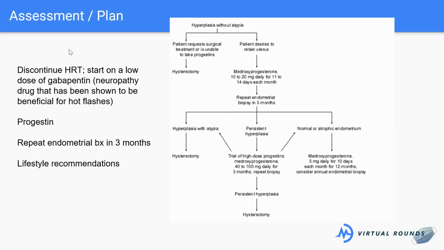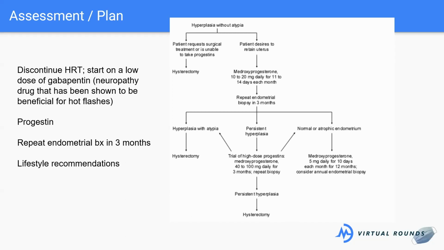One thing to note too is that because we are stopping her hormone replacement therapy, she still experiences hot flashes. So there are other medications that research has shown are not as helpful as hormone replacement therapy, but it's still something to try instead of just saying, oh, stop it altogether and just deal with your hot flashes. So one of these is low dose gabapentin.